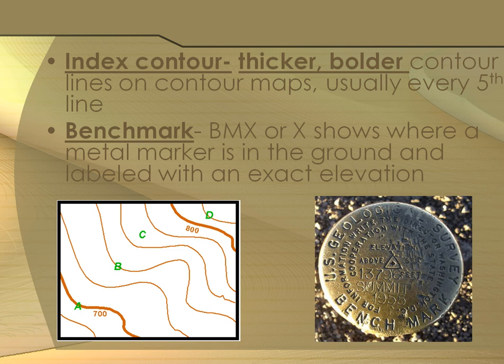So now, if you're mapping in the area of George Mason, you just measure off the local benchmark. You don't have to measure from sea level. On a map, it'll be shown either with this triangle symbol with a dot in it. It'll say BMX and the elevation, or X and the elevation. Right?